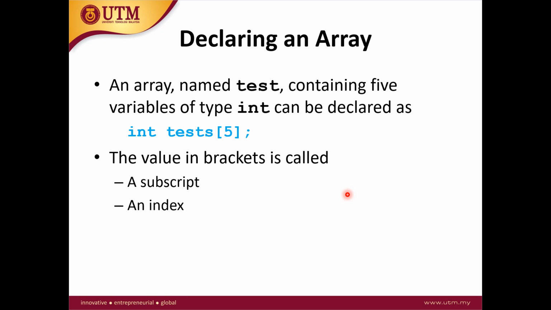So how do we declare an array? First we need to specify the type of the data which can be held inside the array. This is the type of the array, and this is the name of the array, for example tests, or names, or x or y or whatever.